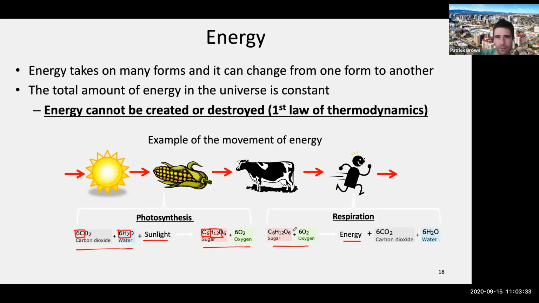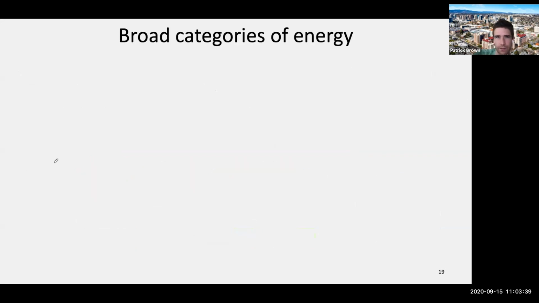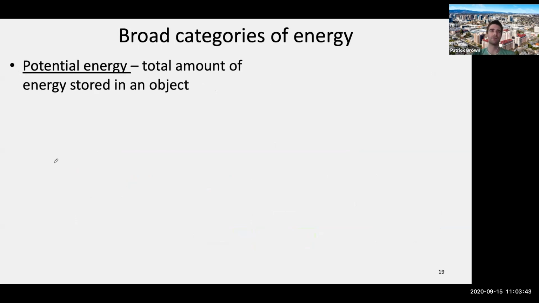Okay, so a little bit more on energy. We have some broad categories of energy. We have potential energy. That's kind of stored energy that could be released at some point in the future.